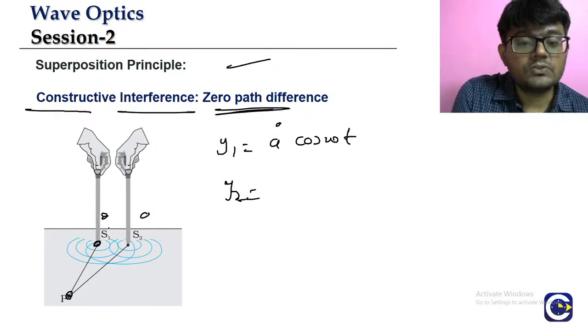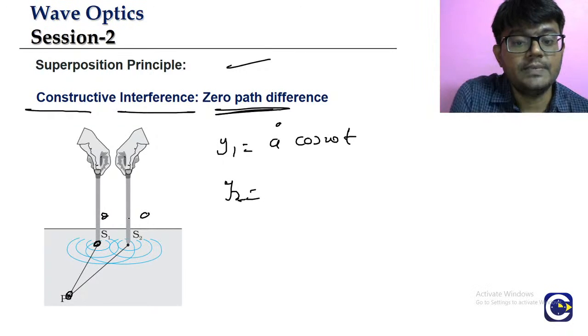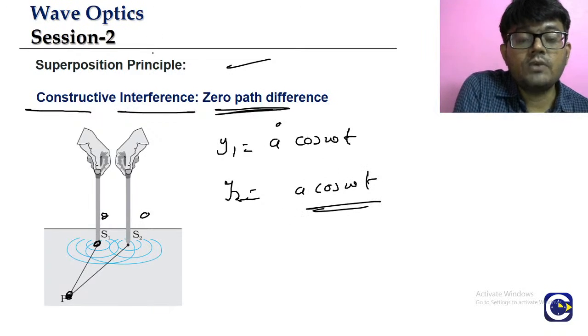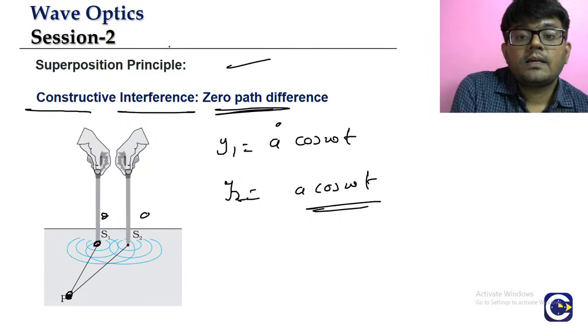Zero path difference. Initially they are identical, so no phase difference will be there. Path difference is 0, so when they come here, they will again have no phase difference. So the wave coming from source 2 can be given by A cos omega t.